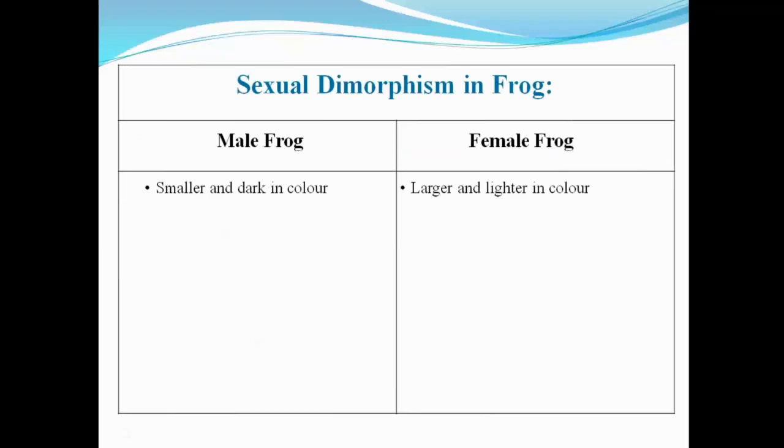The sexual dimorphic characters in frog. Sexual dimorphism is the phenomenon by which externally one can identify the male or female individual by observing certain morphological features. Now let us see the features in male frog. These are quite smaller in size and dark in color, whereas the female frogs look rather larger and lighter in color.